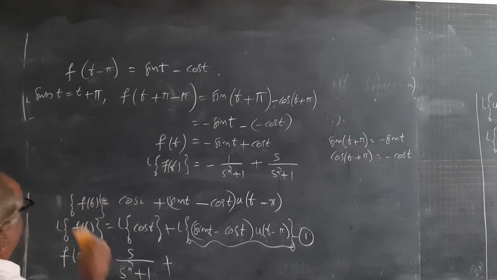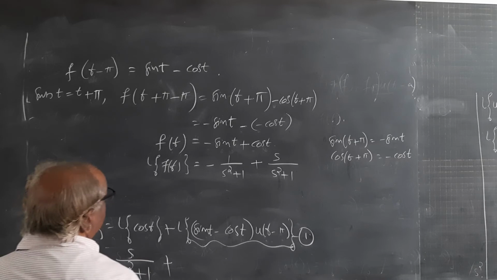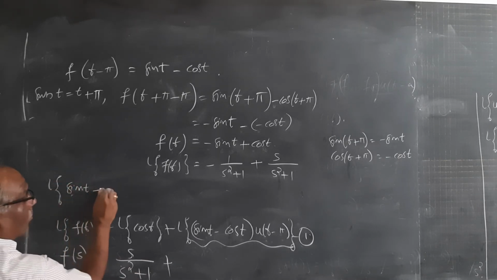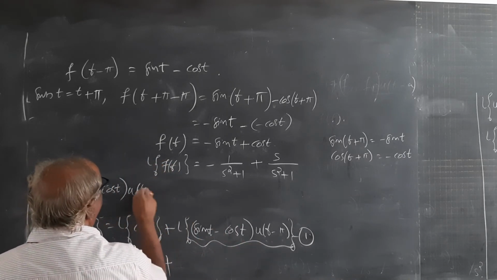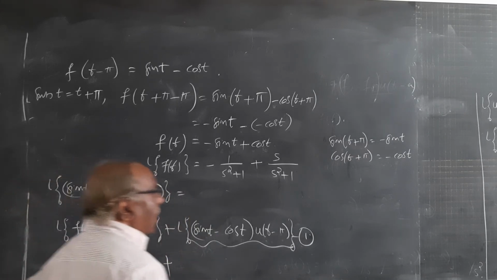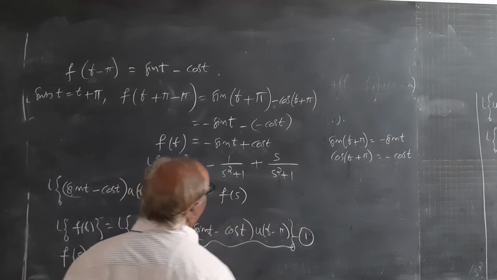Now, what am I required to find? I am required to find L of sin t minus cos t into u of t minus pi. What is this? Actually, it is the second property: e to the power minus as into F(s).